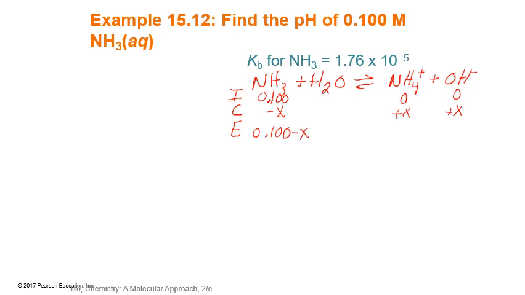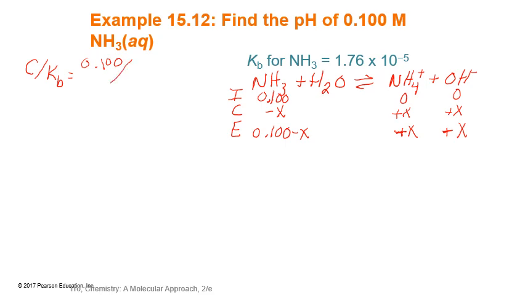We add our columns down to get our concentration or what our expression is at equilibrium. Now I've been kind of skipping this step so far, but if we want to double check to see if we can ignore our X, we can compare that initial concentration to our Kb value, just like we did with acids when we were still in class.